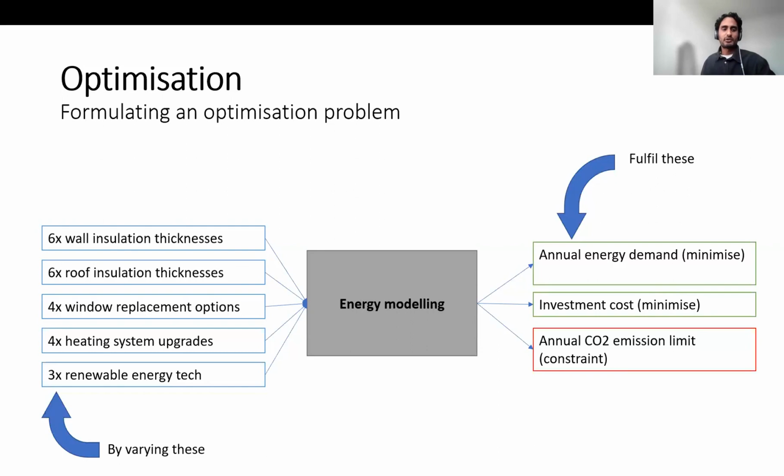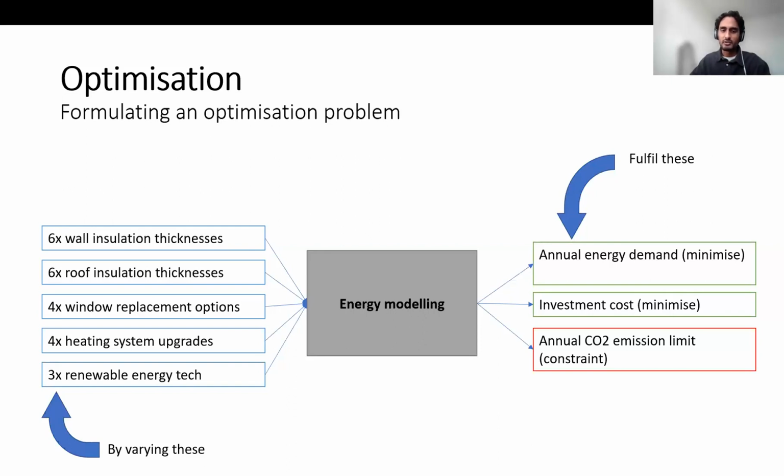So here's a fairly simple optimization problem. On the left, you may have these retrofits that you're considering. You might have 6 different wall insulation thicknesses available to you. The same for roof. You might have 4 different window replacement options that you're considering, and so on. You can feed these into an energy model, and the model can give out these outputs that you may be interested in.